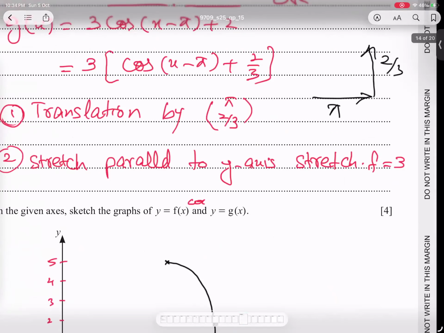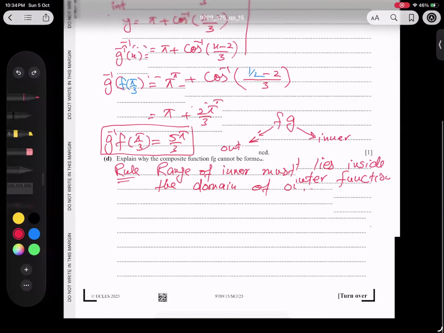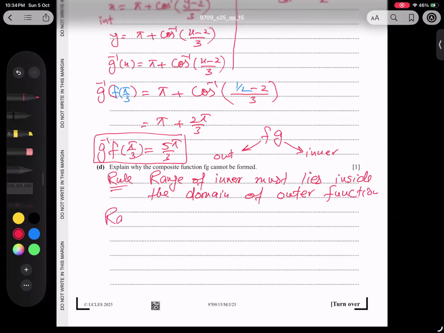Check it now. So I can say here, the range of the inner function, g of x, I write y here, highest 5 and lowest -1. This is the range. And the best technique I show you is a number line.